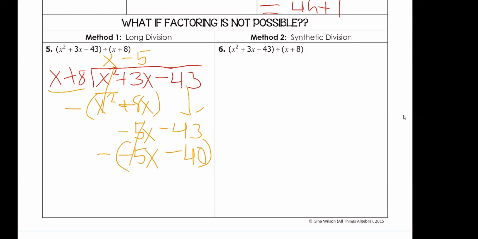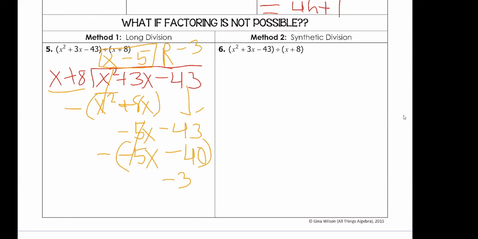And then negative 43 minus negative 40 would be negative 3. What could I multiply x plus 8 by to get a -3? There's nothing I could get without creating an additional problem. So this is our remainder. Once you get to the constants up here, you're done. So we would have a remainder of -3.